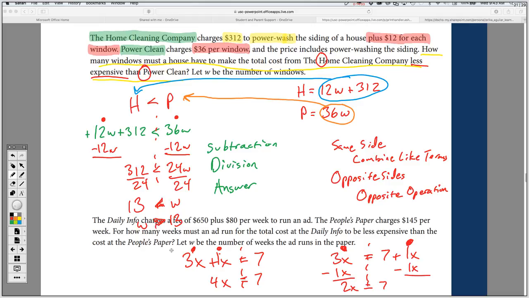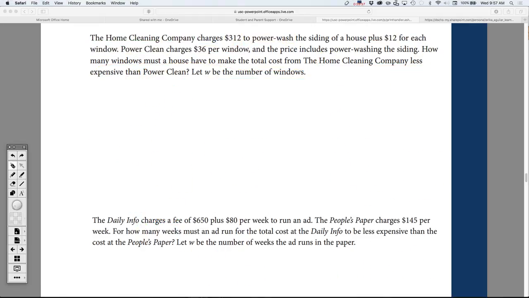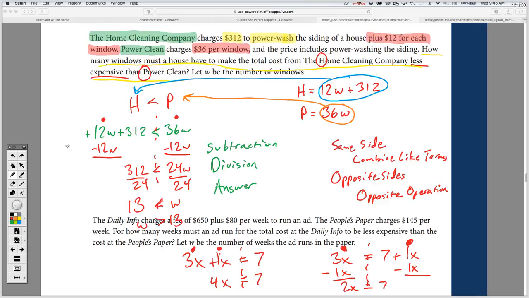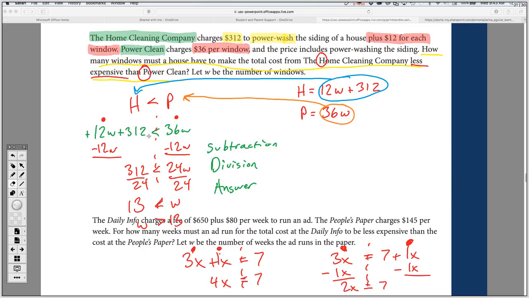Now let's go back. Did everyone copy this down? All right, pay attention to this part. This is pretty important. You have to realize that I could have solved it by moving the 36W, but a little bit of the process would change at the end. So let's solve it real quick. If I move the 36W, I would subtract 36W here.